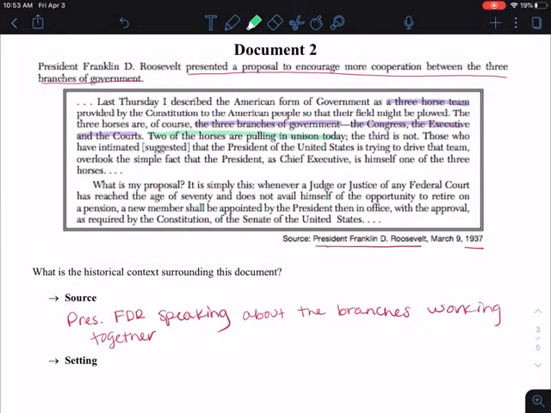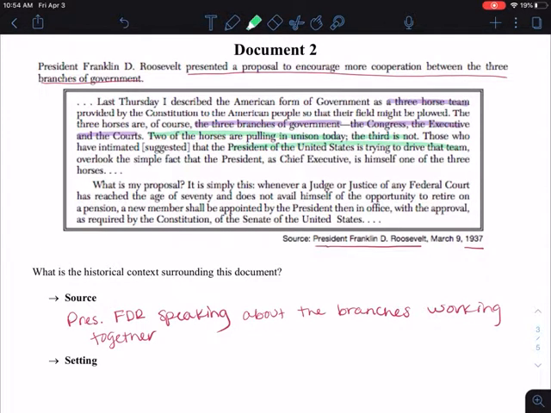And he says the third is not. Those who have intimated or suggested that the President of the United States is trying to drive the team overlook the simple fact that the President, as chief executive, is himself one of the three horses.